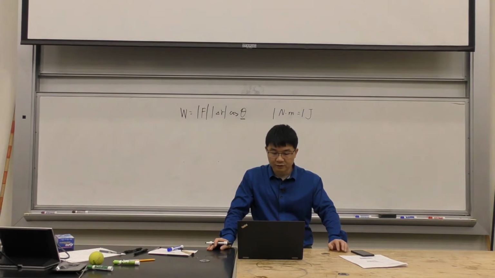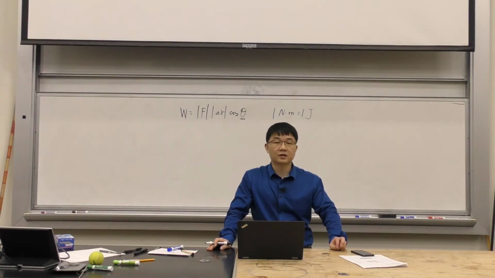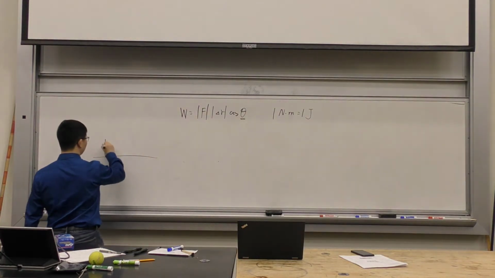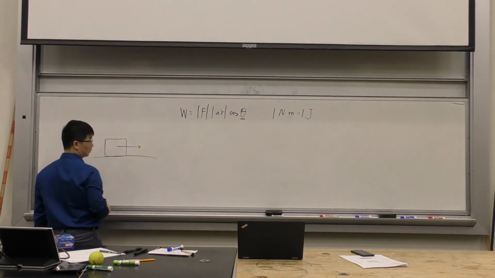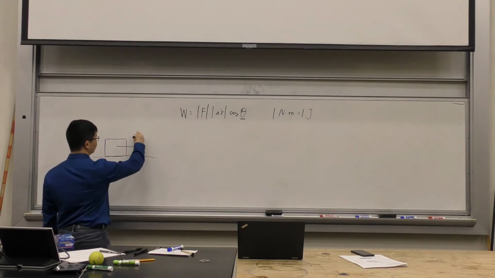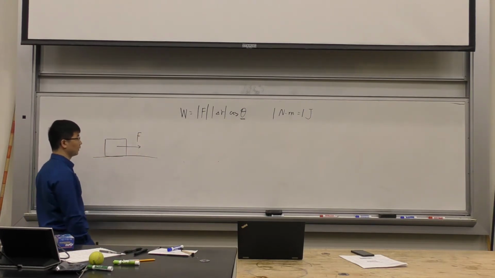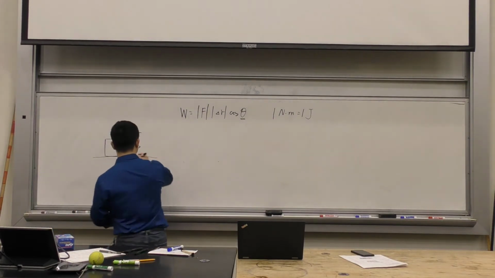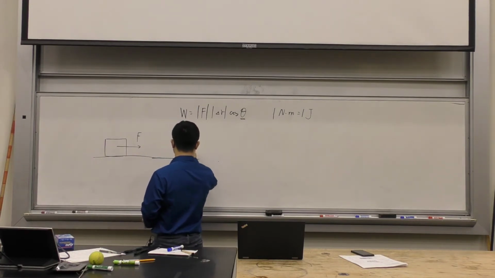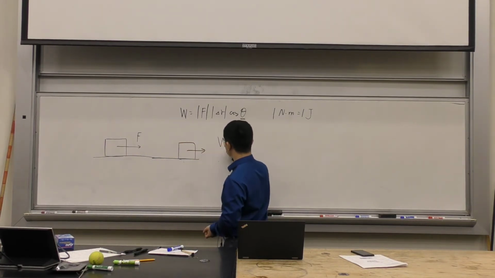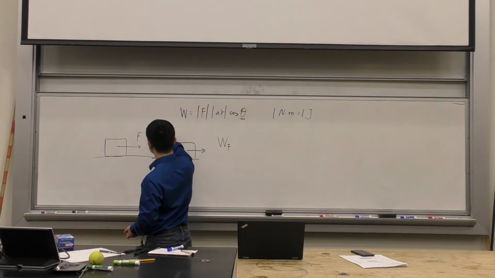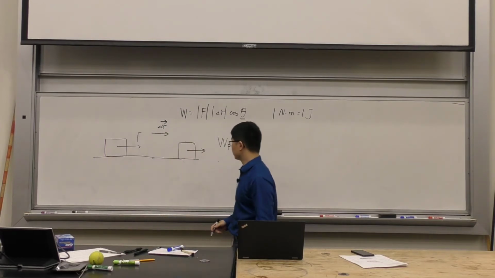And then let's take a look at some special cases. The simplest case is this: if a force is parallel to the displacement. So think about this. If you're pulling something on a surface, you use a force F and pull it to the right, and then if I want you to find the work done by this force, it's going to move in the same direction, like this. The force is in this direction, the displacement is also in this direction, a straight line displacement, right?